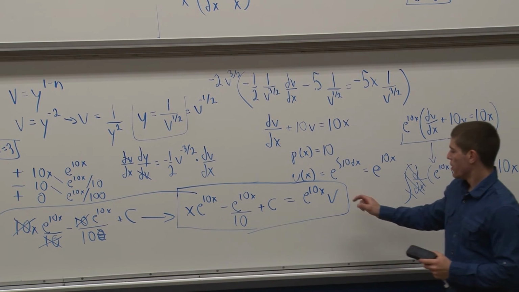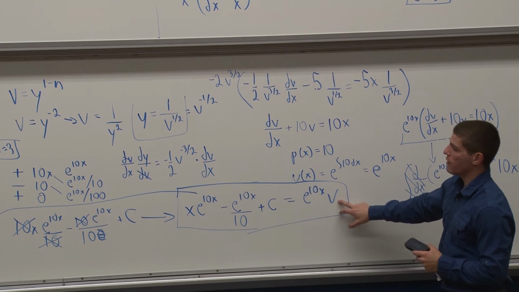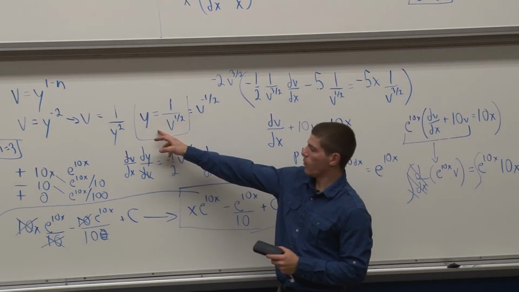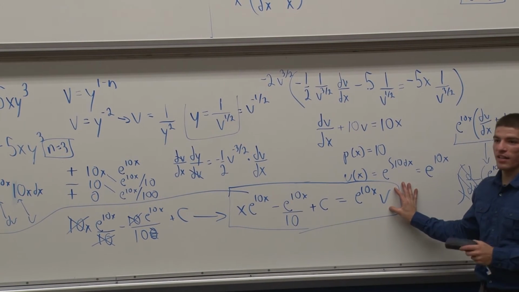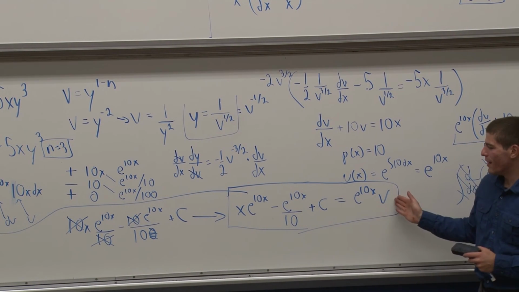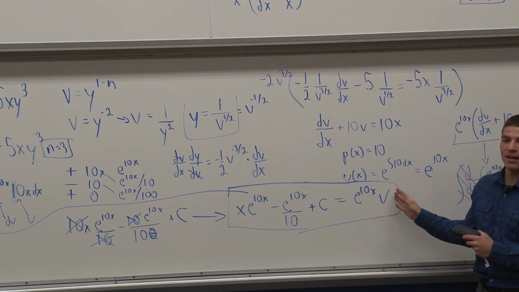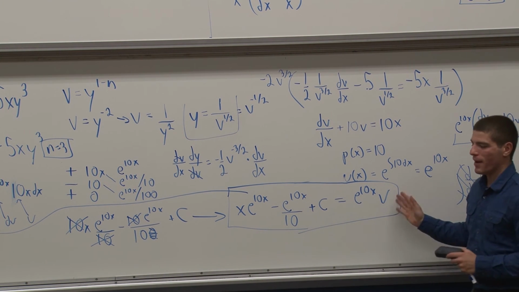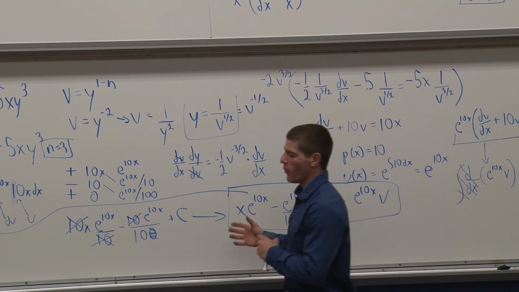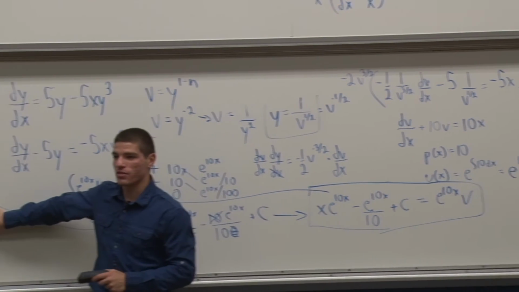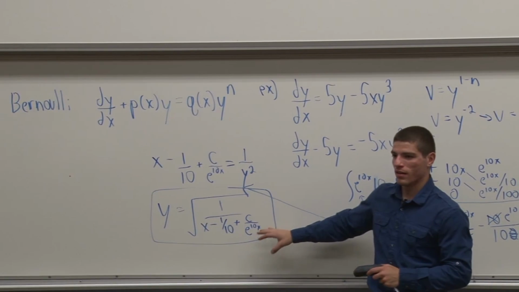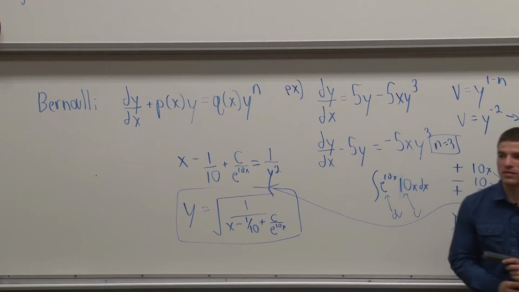You could take this v out and put in y right here if you had an initial condition and solve it. But I think it's equally difficult because you might get thrown off here. You might not put back the v. It might get a little complicated. So the way I would do it is have the complete answer and then just find c later. But whatever's your preference.